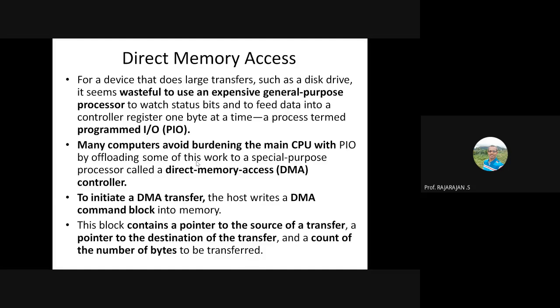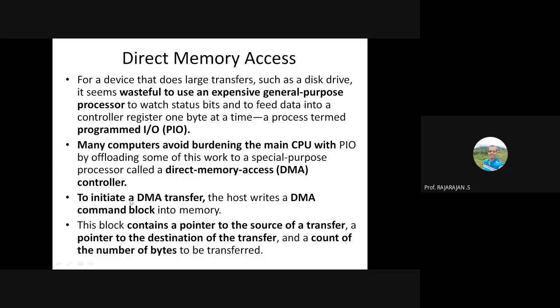In a normal system, the CPU has to complete the task of moving data between the device and the memory. But in a DMA-based system, that task is outsourced to the DMA controller. So a DMA controller is a special device which is capable of performing the I/O transfer without the help of the processor. So that is the idea of a DMA.